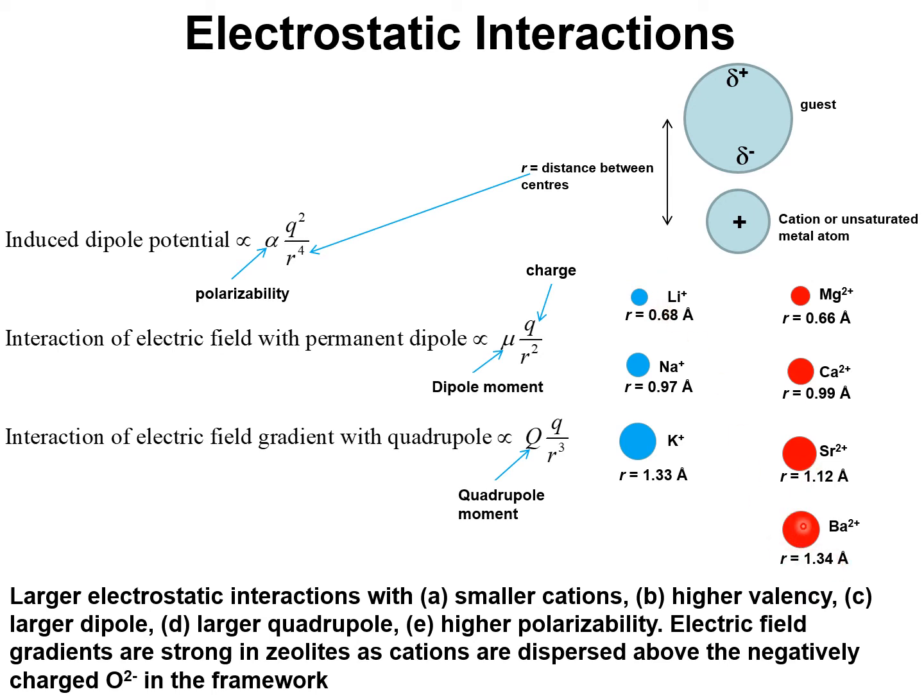A bivalent barium cation would contribute to a greater extent to the electrostatic interactions. And larger dipole, larger quadrupole, higher polarizability will all lead to larger magnitudes of electrostatic potentials.